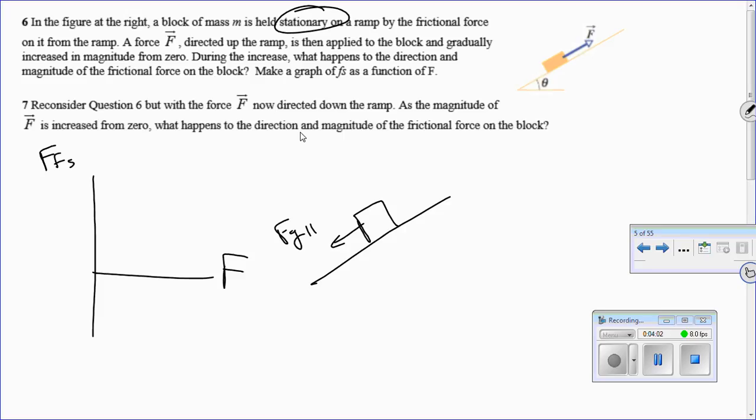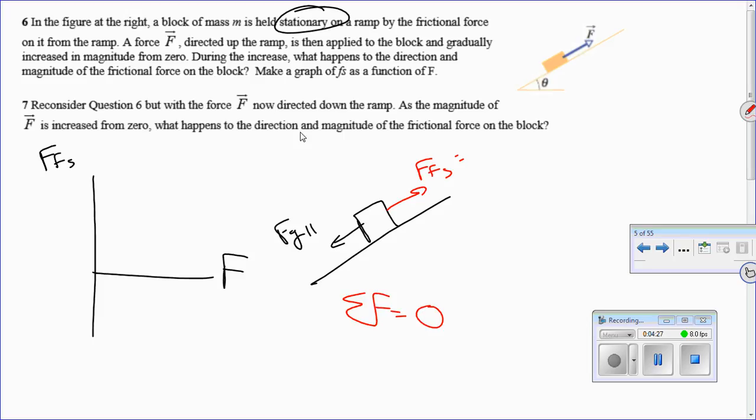Does that make sense? Now, if there's no applied force, then what has to be true about that force of static friction? Does it have to equal the max? It's got to equal this parallel component, right? If it's being held at rest, then I know my net force has got to be 0, right?